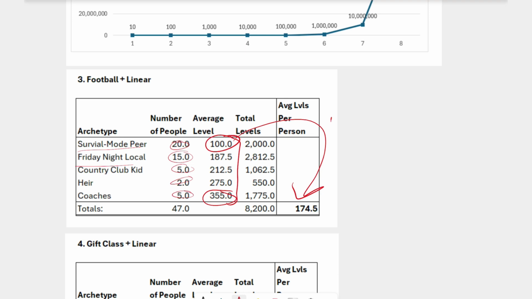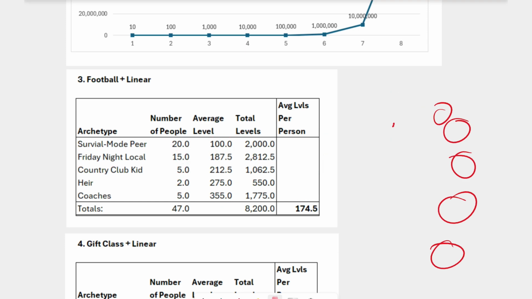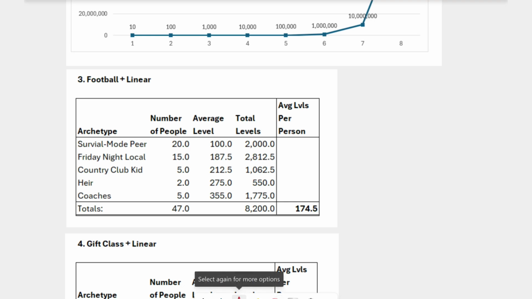They're taking these guys that are averaging 100 and they're adding 74.5 zeros to the end of their consciousness by coaching football, by these kids being in football. This is why it's so important that if you're ever locked in the survival mode, then you have to find yourself environments where you can increase your average consciousness level.